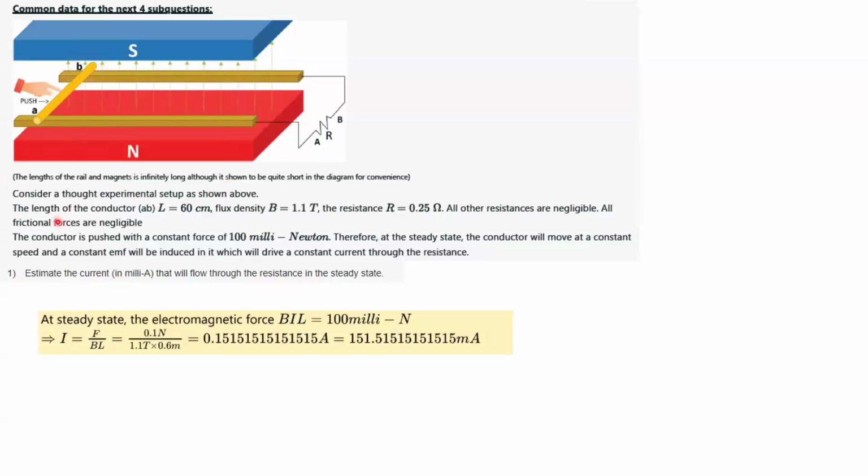Now it is saying that the length of the conductor is 60 centimeter. The flux density, which is the flux moving from north to south pole in the upward direction, is 1.1 Tesla, and the resistance is 0.25 ohm. They are saying that all other resistances and all frictional forces are negligible. The conductor is pushed with a constant force of 100 millinewton.